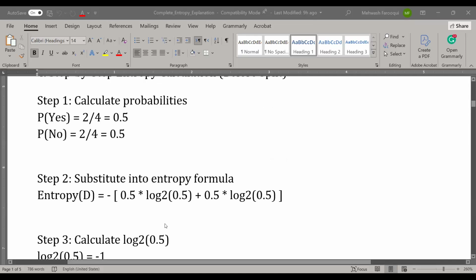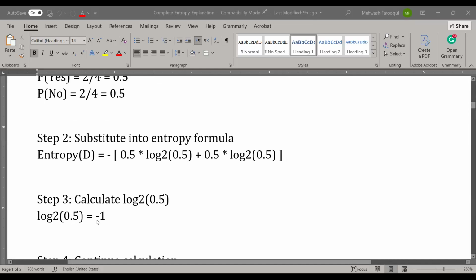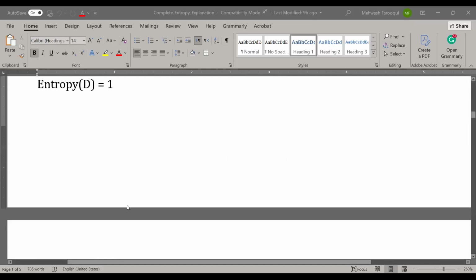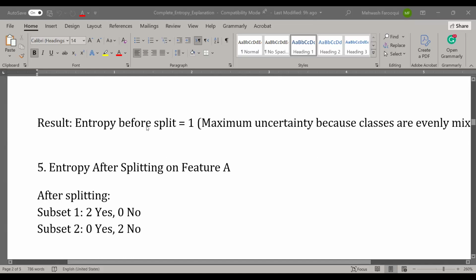What are you getting? You are getting the value -1. Okay, and then if you calculate completely, the final answer is 1. So the entropy before split is 1. This is the maximum uncertainty because the classes are evenly mixed.